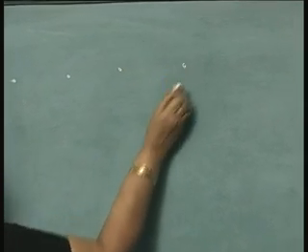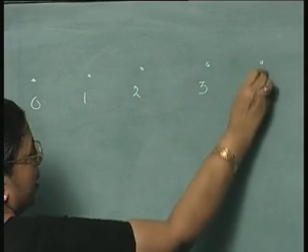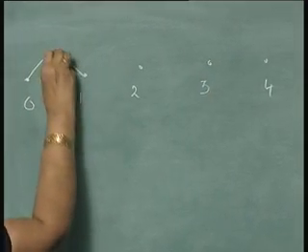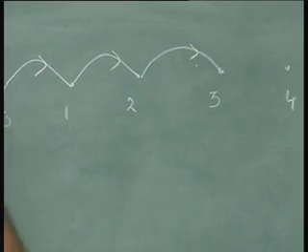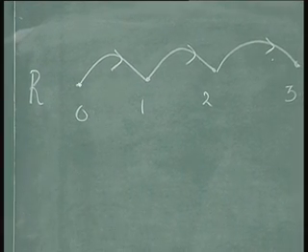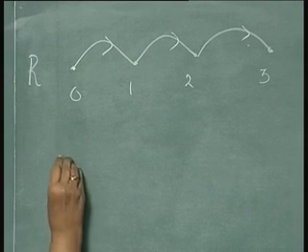Let us consider this situation in a graphical manner. So, the set of natural numbers you can represent like this. R will be represented by this. A is related to B if B is equal to A plus 1, right.